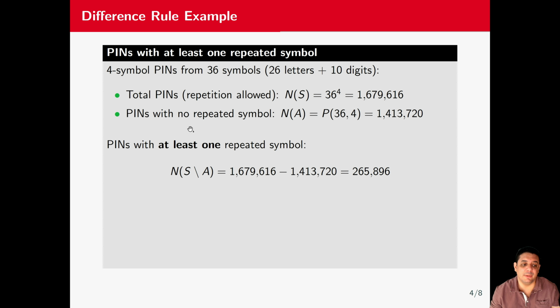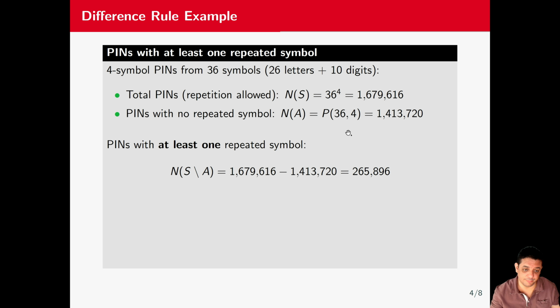And now, if we want the pens with at least one repeated symbol, that's pretty much the subtraction between these two. So from the total, we subtract the non-repeated symbols. If I subtract those, what I get is the pens that have at least one repeated symbol.